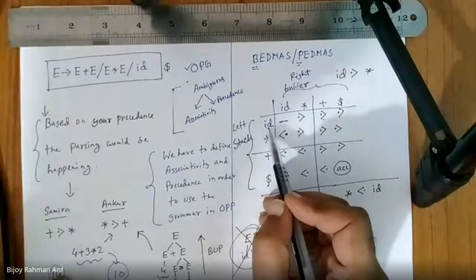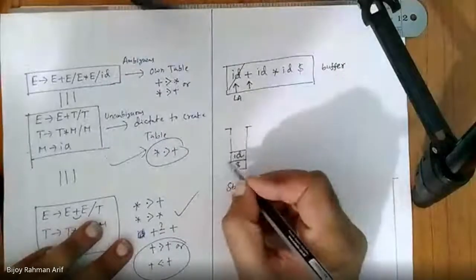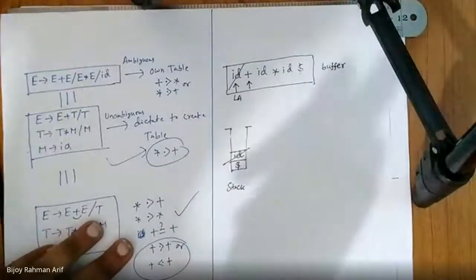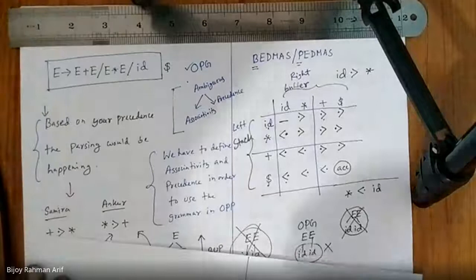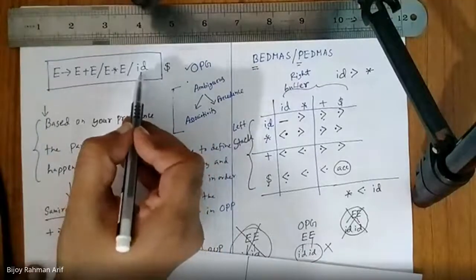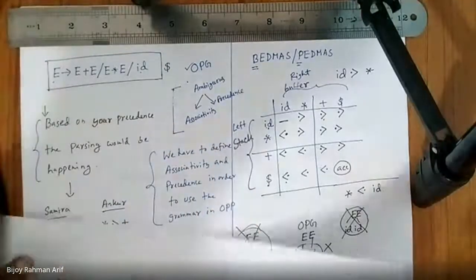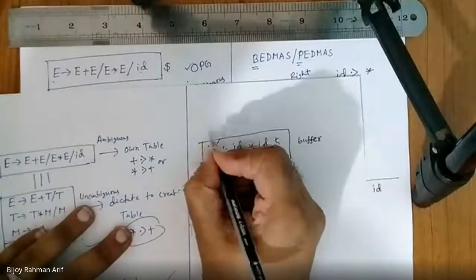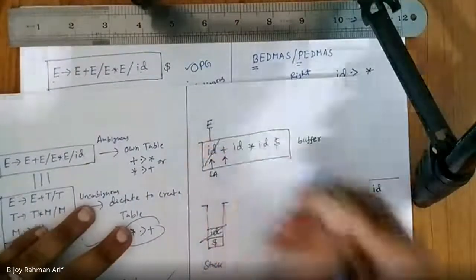Which one is bigger? ID is bigger, so pop from the stack. Now what is the rule for ID? ID can only derive to E. So this ID is now going to derive to E. Did you get the point?